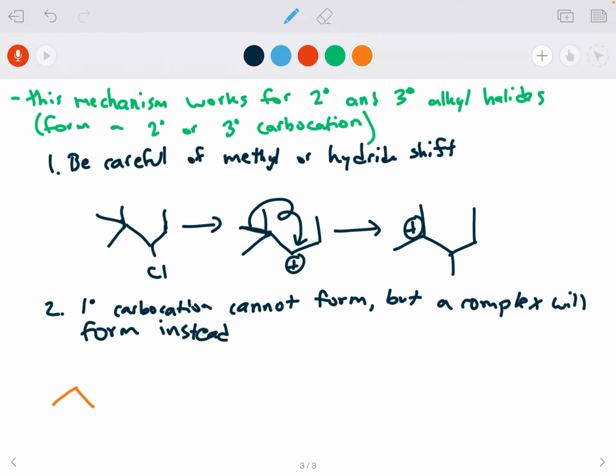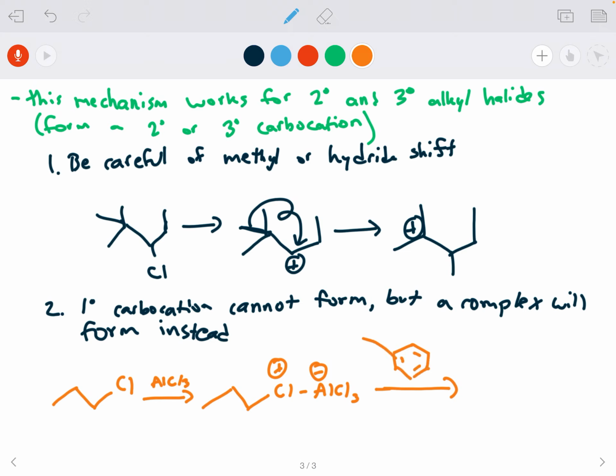But say I have this as my alkyl chloride. What will happen is when I react it with aluminum trichloride, I'll get this complex. And rather than this leave, instead, the benzene ring will react in almost an SN2 fashion.